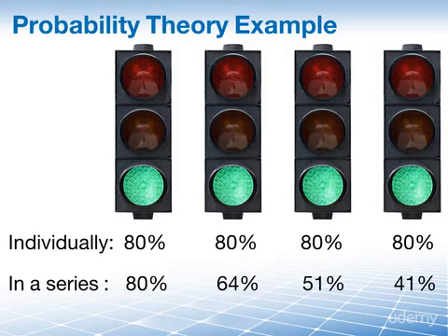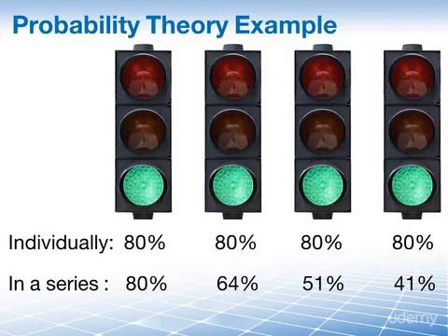Now let's exchange our traffic lights here with schedule activities. And again, with each schedule activity, I have an 80% chance that it will be completed on time. So if we have 4 schedule activities after each other, each with an 80% chance of completing on time, what is our probability that all 4 will be completed on time?